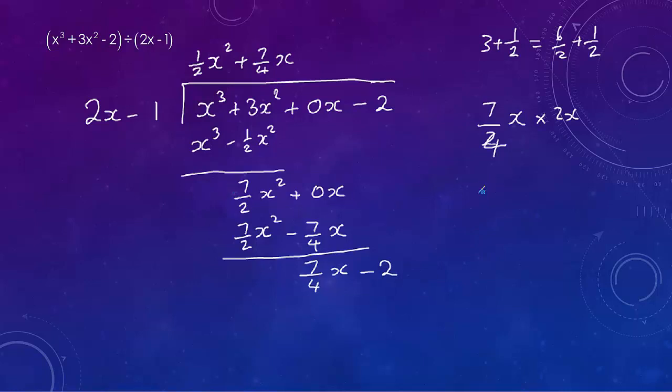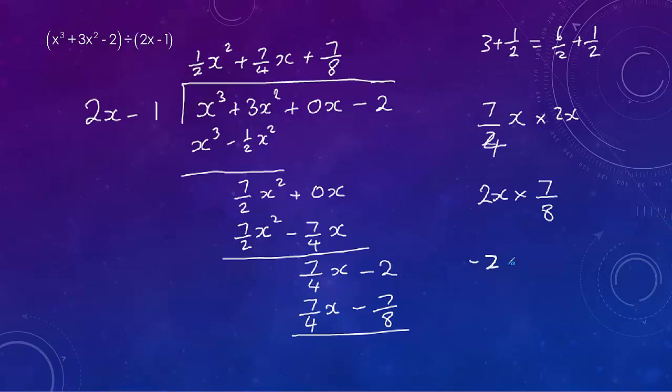So if we multiply 2x by 7 over 8, that will give me my 7 over 4 x's. So we're going to add 7 over 8 up here, and then multiply, and that gives me my 7 over 4 x's, so those will cancel, and take away 7 over 8.